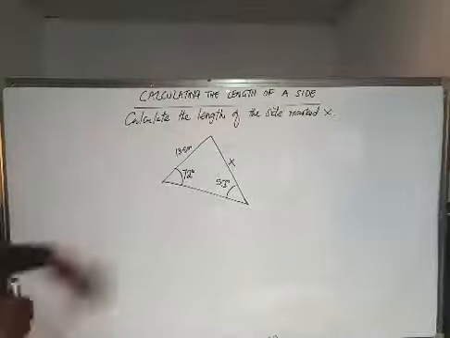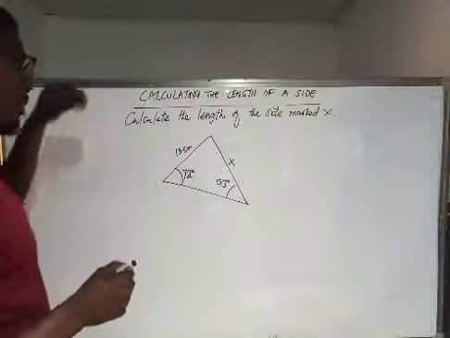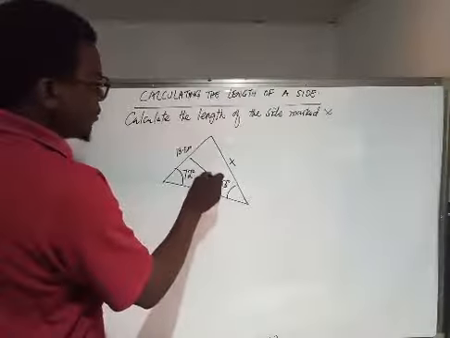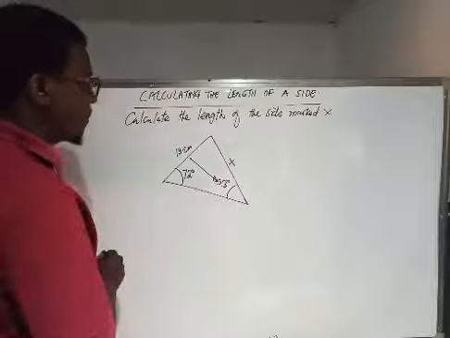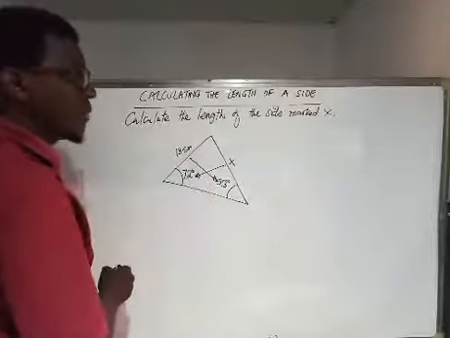Look at this one, the last one for length. The same concept is going to apply. This side is corresponding with this angle, and this side is corresponding with this angle. Then sine rule can work there.